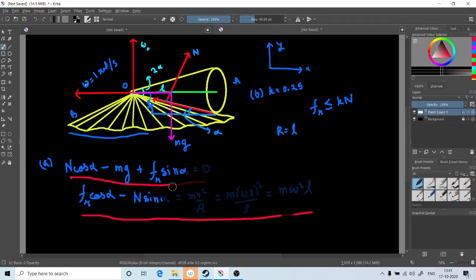Let's write out the equations now to move forward.